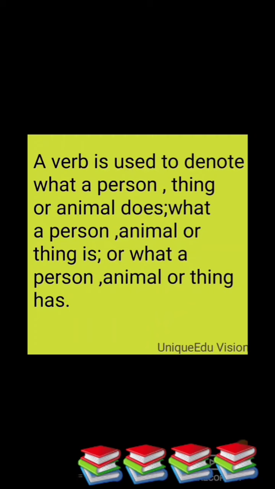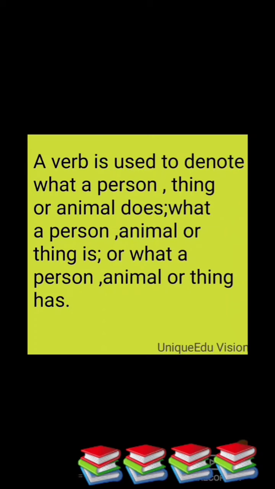A verb is used to denote what a person, thing or animal does. It means it comes under doing verbs. What a person, animal or thing is comes under be verbs. Or what a person, animal or thing has comes under have verbs.